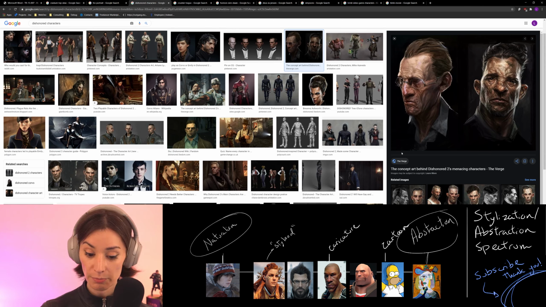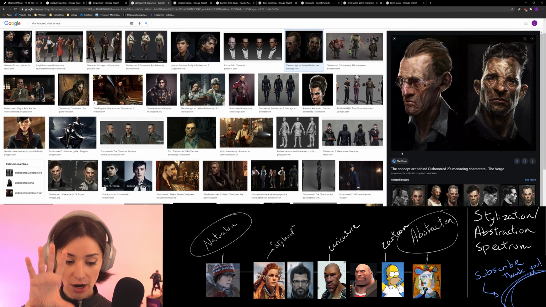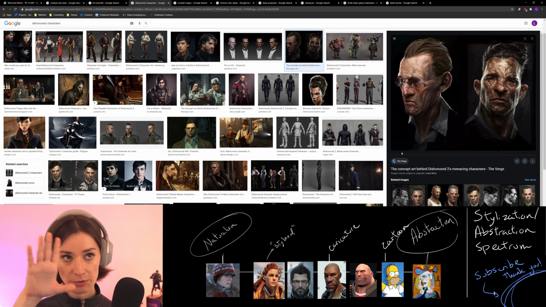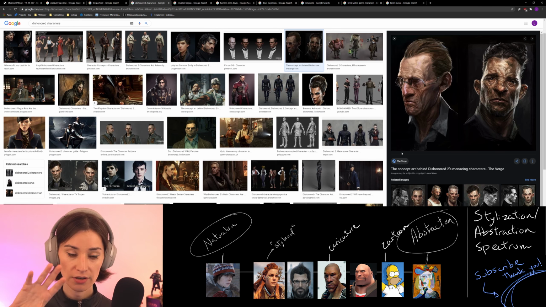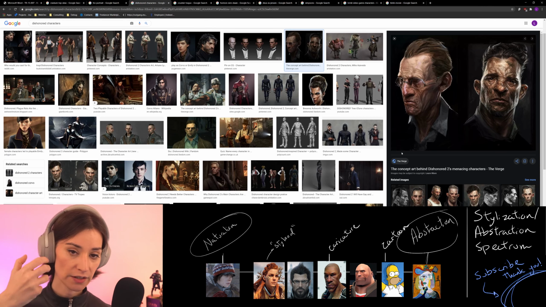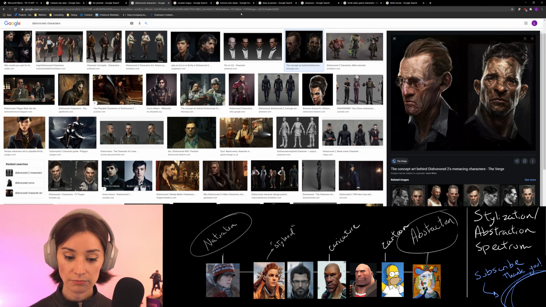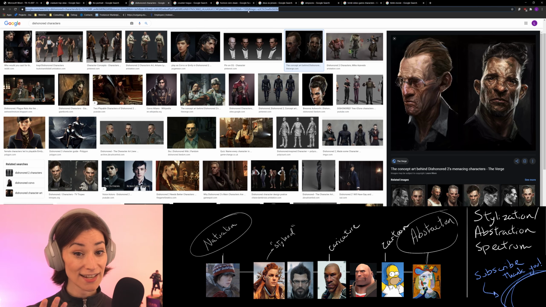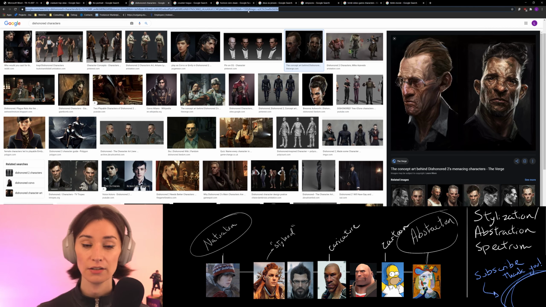That's really where most of it is happening. So this is a very common way to stylize something. You keep the primary volumes very realistic, but you have a lot of fun with the secondary and tertiary detail levels. It doesn't mean that's how you have to stylize something, though. It doesn't have to be like that.